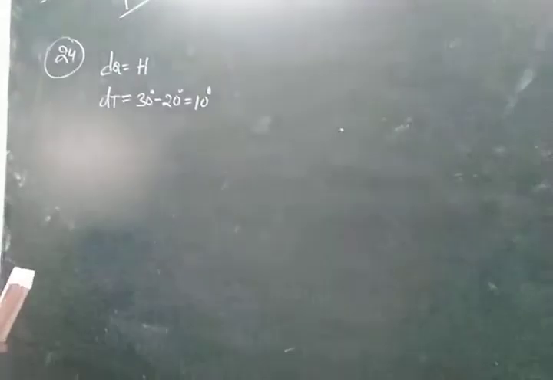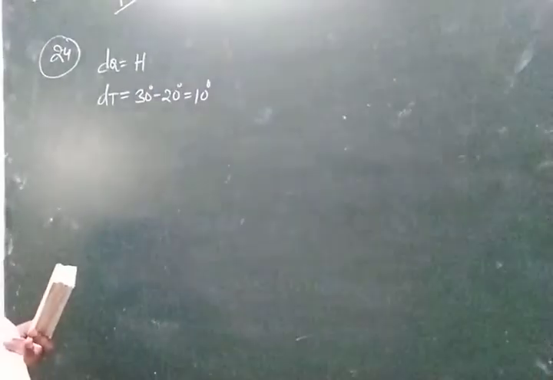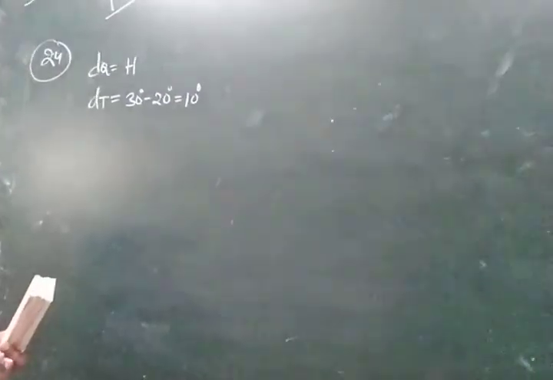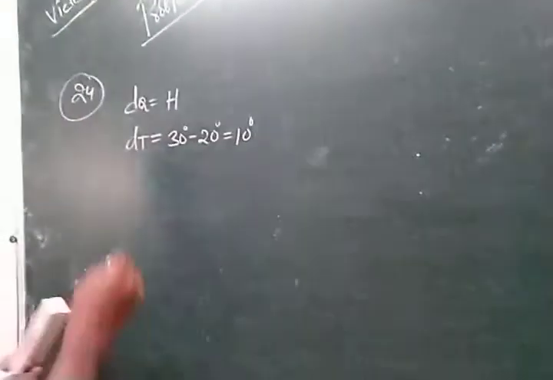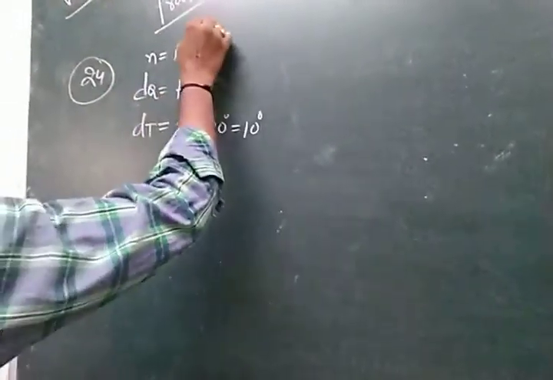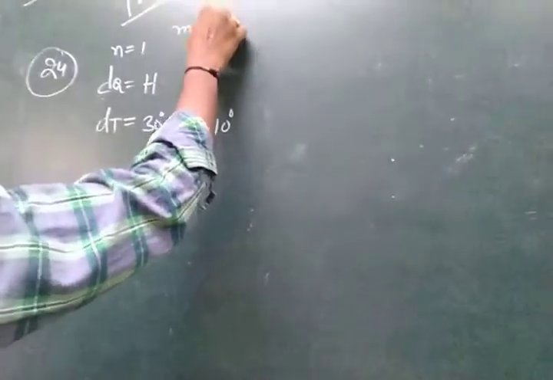At constant volume, what is the quantity of heat required to raise the temperature of 1 mole of monatomic gas? Here n is equal to 1 mole, monatomic gas.